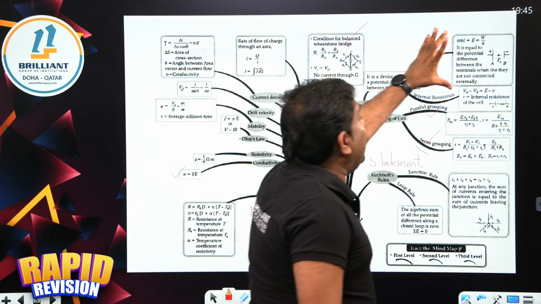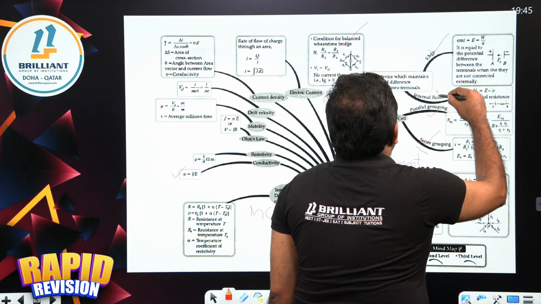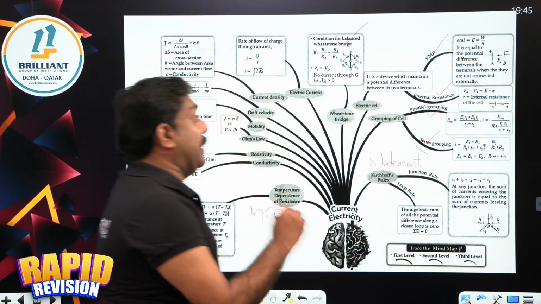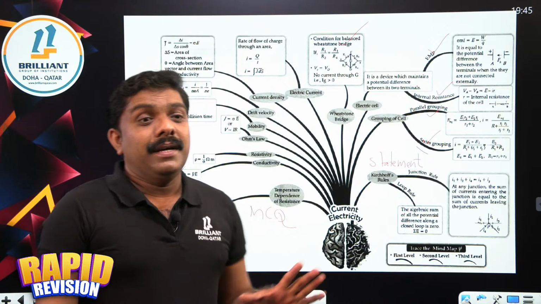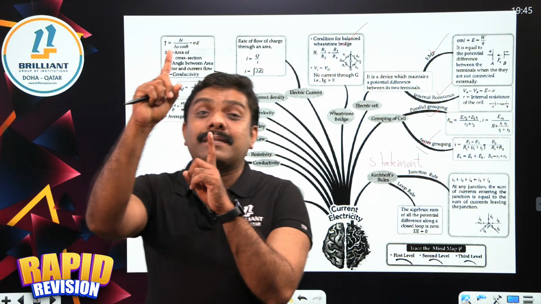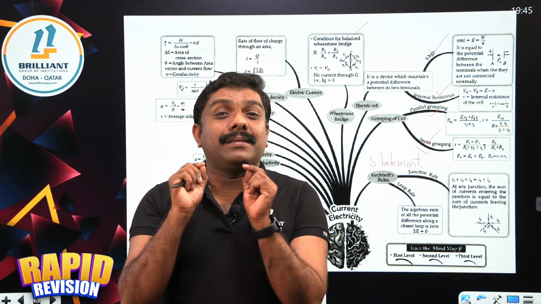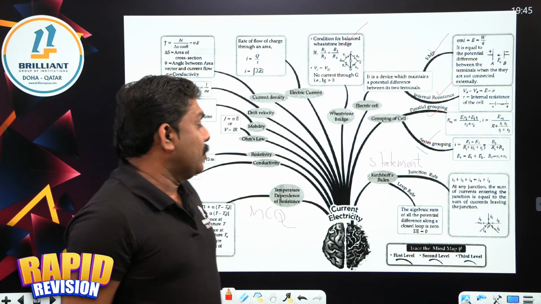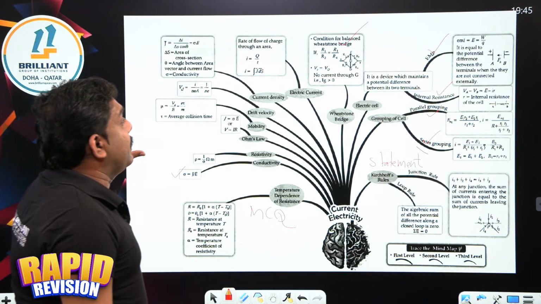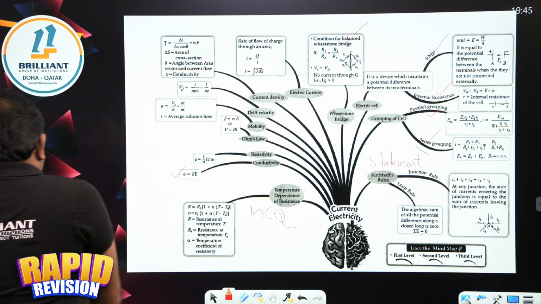For a cell, we have three important terms: EMF, internal resistance, and terminal potential difference. What is EMF and what is internal resistance? The resistance offered by the components of a cell is known as internal resistance. So this is the chapter current electricity, a 1 minute revision, important areas completed.